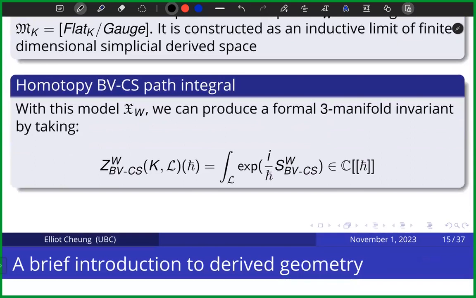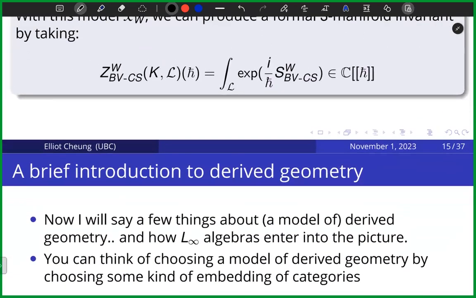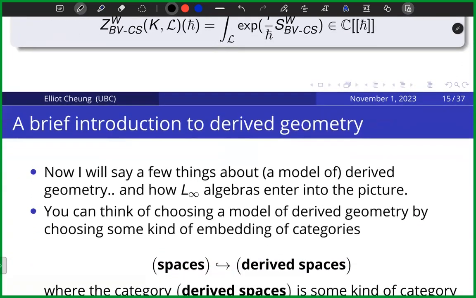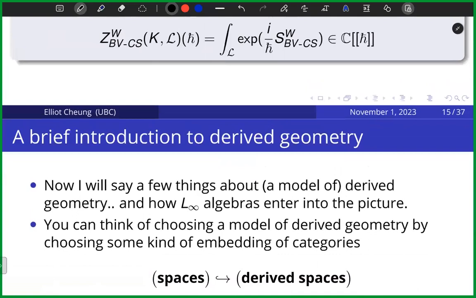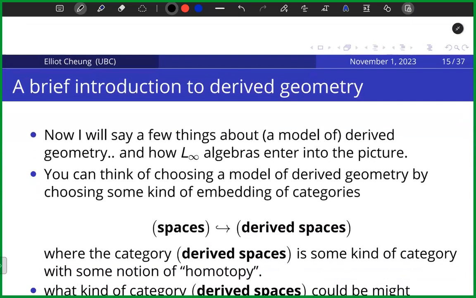So now let me address that question you just had and try to say something about derived geometry and how L-infinity algebras enter into the picture. You can think of choosing a model of derived geometry by choosing some sort of embedding of categories from spaces into derived spaces, where this category of derived spaces has some notion of homotopy.